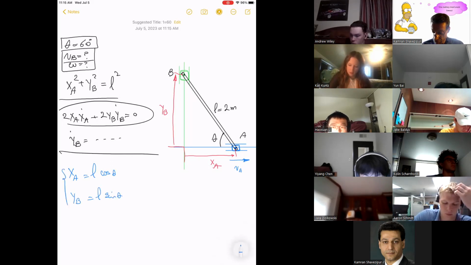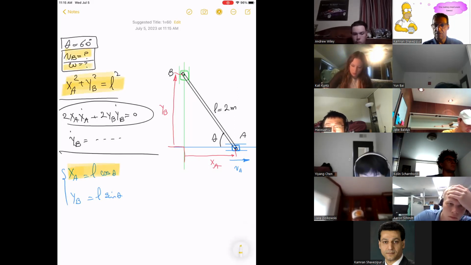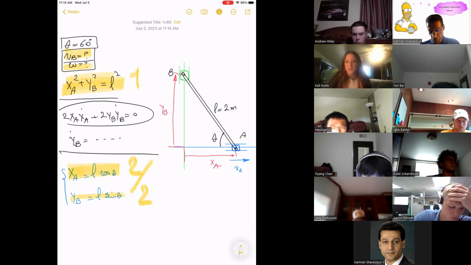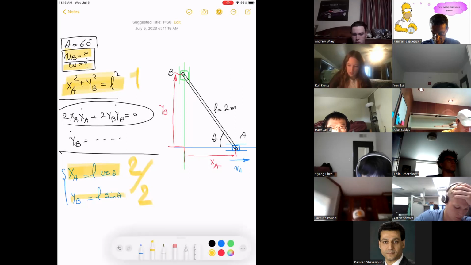You could use this equation that Haoshin said and one of these equations. That's still fine, because remember, two unknowns, two equations. This could be number 1, this could be number 2, it doesn't matter. But I chose to go with x and y and cosine theta and sine theta, so everything is in trigonometric form.